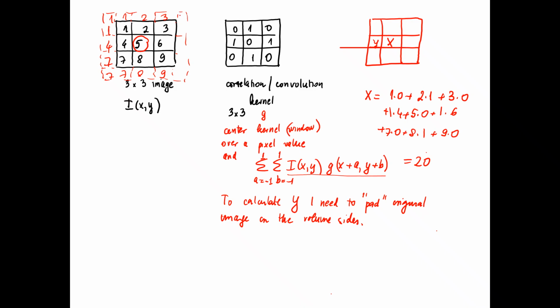I can now choose what to put. And then for y, I would get 4 plus 1 plus 5 plus 7. What is that? 12 plus 5, 17, after padding.